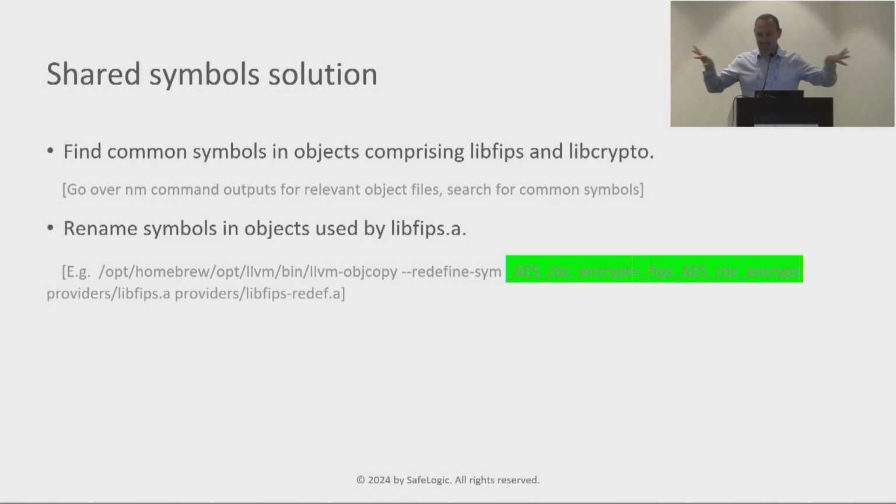So we just remove the conflicts, okay? And basically, yeah, I'm changing here the libfips.a library. I'm creating a new one by changing the symbols. But at least the linker will know to use the right implementation. I hope it makes sense.